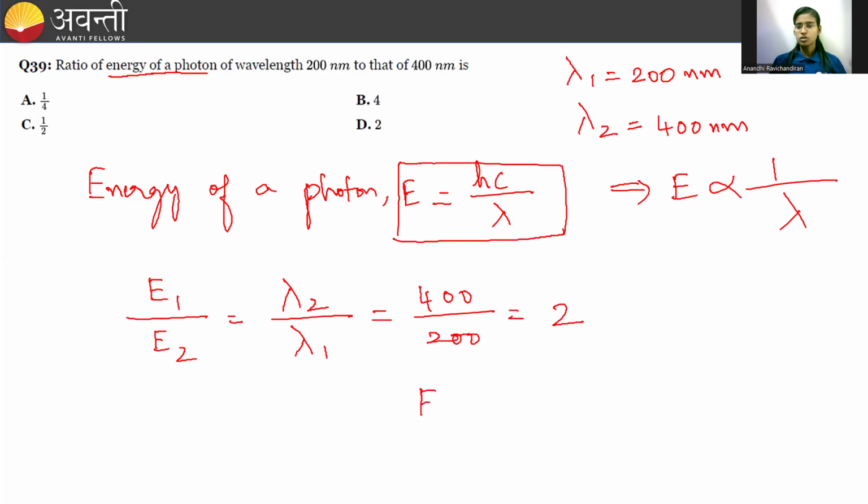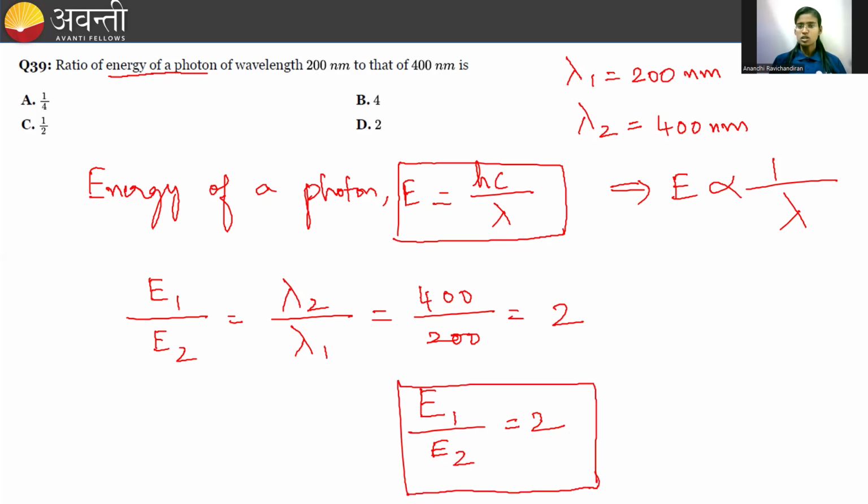So the ratio of these energies is coming out to be 2. E1 by E2 is equal to 2. So option D is the correct answer for this question. So basically we are taking up the relationship between energy and wavelength and we are taking the ratio. Got it? It's very simple. Now moving on to the next question.